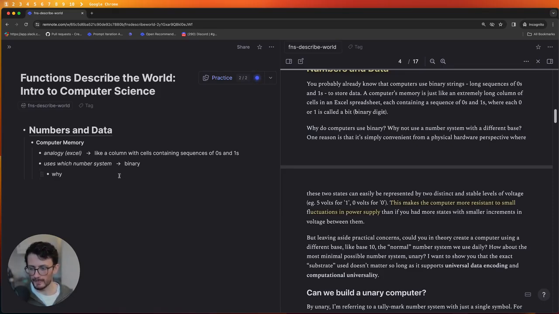So there are two choices here. I could say why something like this, and then say can easily be represented using two stable levels of voltage, 5 volts for 1, 0 volts for 0.